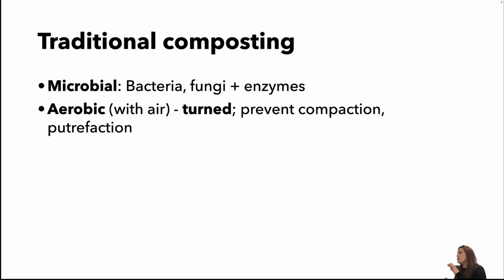And so you need to be introducing air into your heap. That process is called turning, and that helps prevent compaction. Like I mentioned once before, once we hit compaction, all of that air has been forced out of the heap, and we start to drive our compost towards putrefaction instead of decomposition.